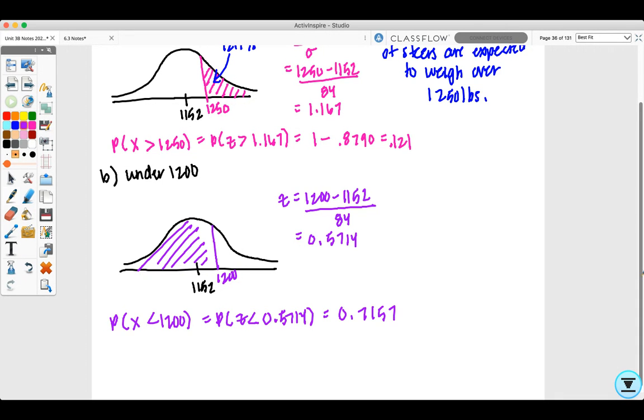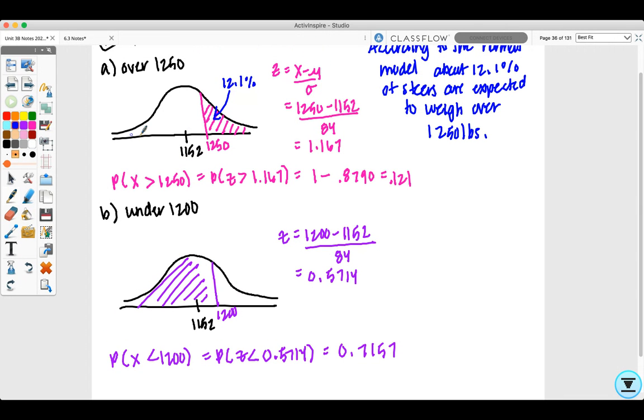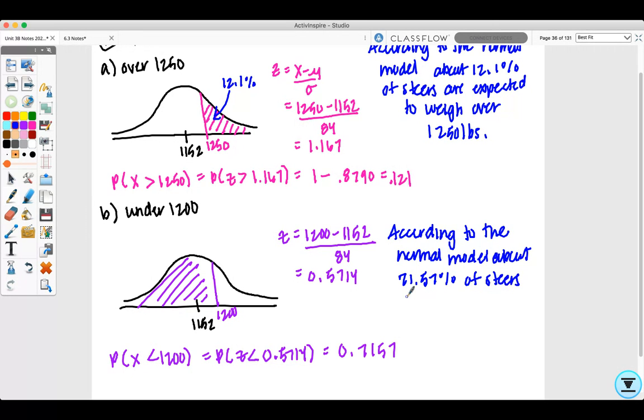So you would say, according to the normal model, about 71.57% of steers are expected to weigh under 1,200 pounds.